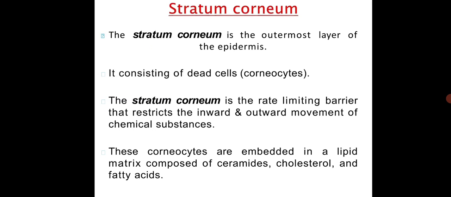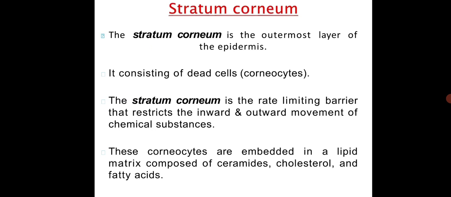It is rate limiting because it may have certain limitations on the movement of substances or chemical components in both ways, inwards as well as outwards. So the movement will be restricted and specific, and it will be regulated by the stratum corneum.